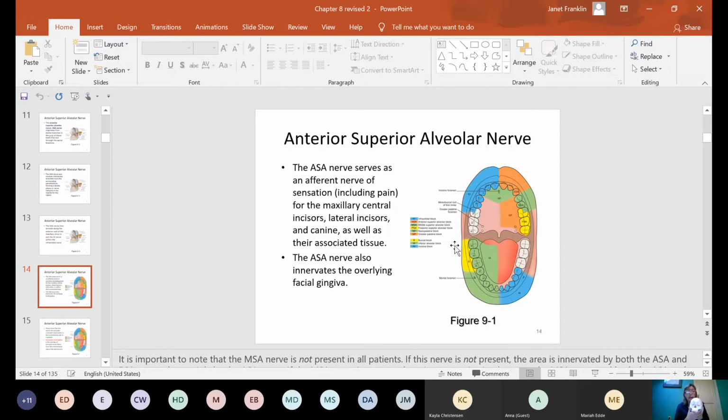This is a picture on slide 14 that shows you the different nerves and what they innervate, or what you anesthetize, basically. This right here, where this orangey color is, that's your anterior superior alveolar. And you can see it's the central incisor, the lateral incisor, and the canine tooth.